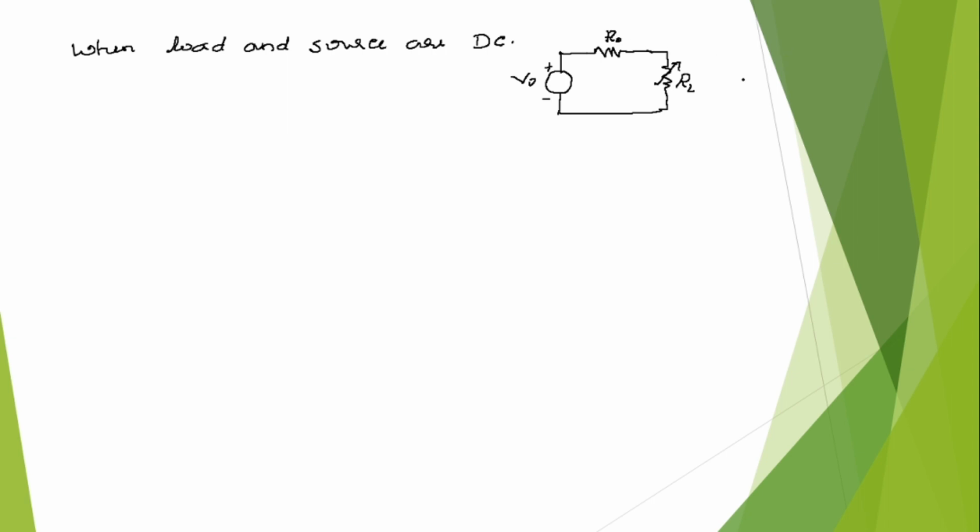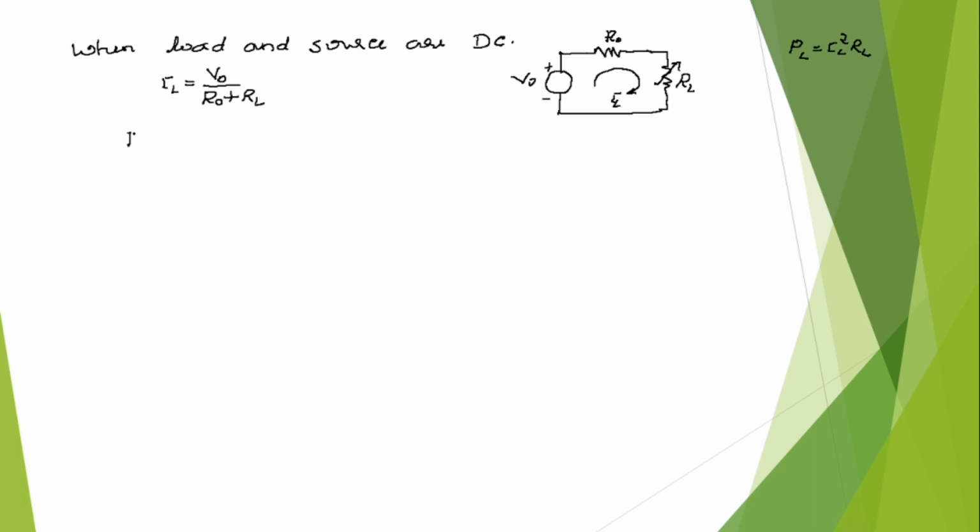So what is the equation for the power? RL is known, so PL equals magnitude of IL square RL. Here I will consider the current as IL. So what is IL in the circuit? IL equals V0 by R0 plus RL.